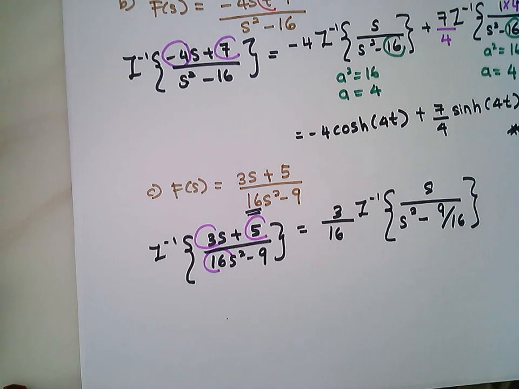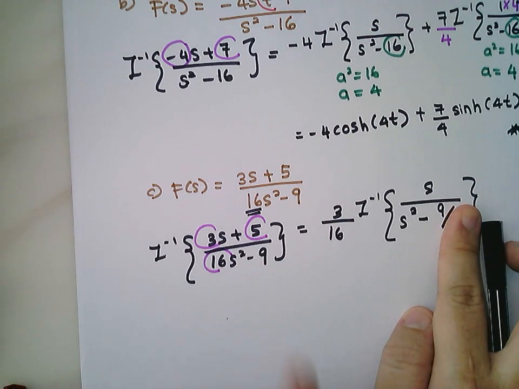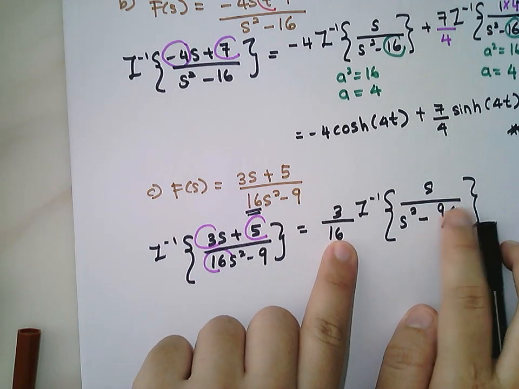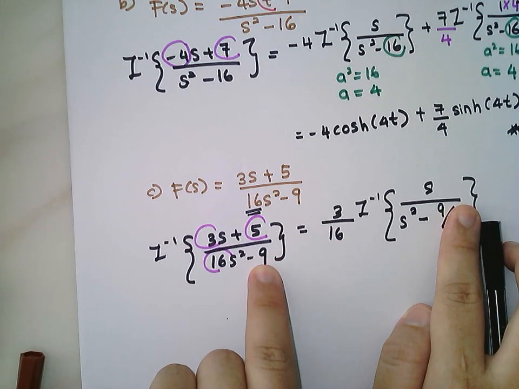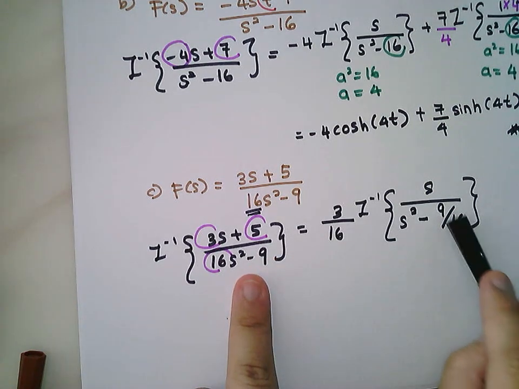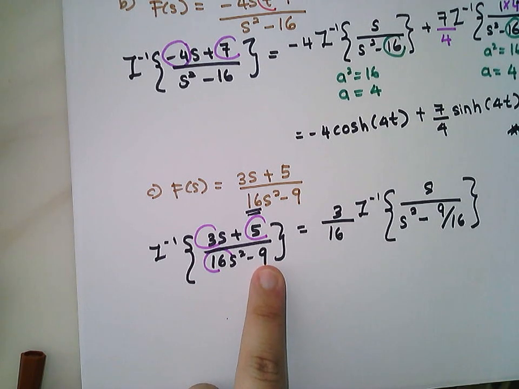Remember, you need to do something here, because if you don't divide by 16, you already change your problem, because when you multiply 16 by s squared, you will have 16s squared minus 16 multiplied by 9, you will never get 9, isn't it? So for you to get this value 9 here, you need to have 9 over 16. So that when you cancel out this one, you will end up with 9. Okay, so this is the first function.